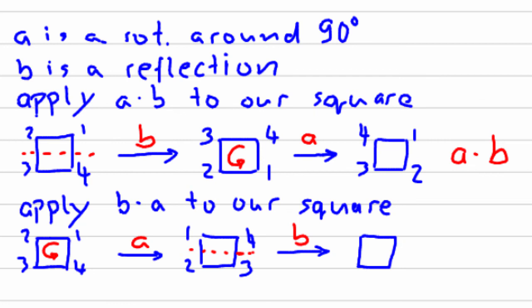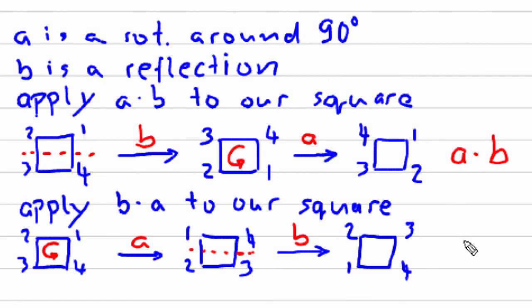So if we do the reflection, 1 becomes 2, 2 becomes 1, 4 becomes 3, 3 becomes 4. Now let's compare this square and this square. If you look at the corners, those don't look equivalent. 4 overlaps with 2, 3 with 1, 1 with 3, and 2 with 4.